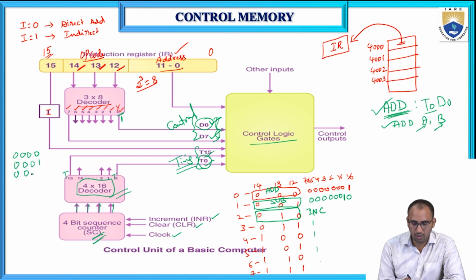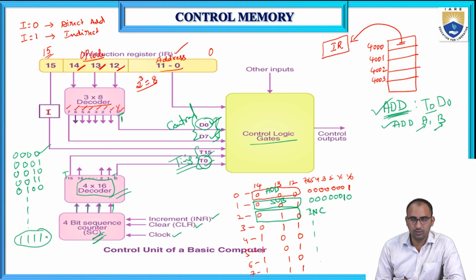Next 0, 0, 1, 0, then 0, 0, 1, 1, then 0, 1, 0, 0, and so on up to all ones. So the sequence counter counts from all zeros to all ones. Whenever the increment signal is applied, its count value will be incremented by only 1 every time.